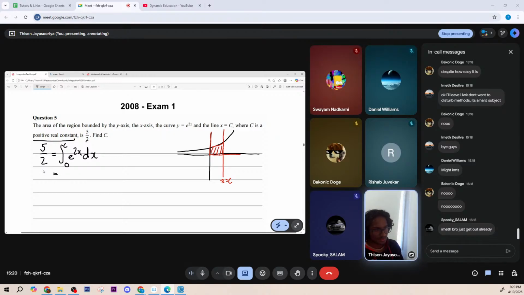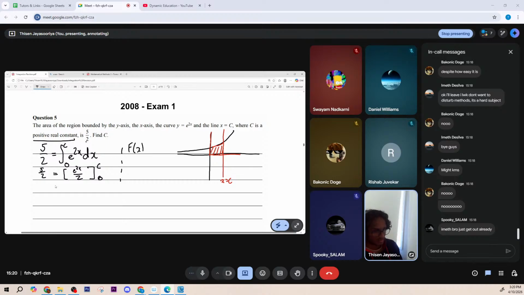So that means here we get 5 over 2. And what's the integral of this function? Salam, what's the integral of this function? Would it be 1 on 2 e to the 2x? Yeah, so e to the 2x over 2. So that means we go from 0 to c, and then we can use our fundamental theorem.